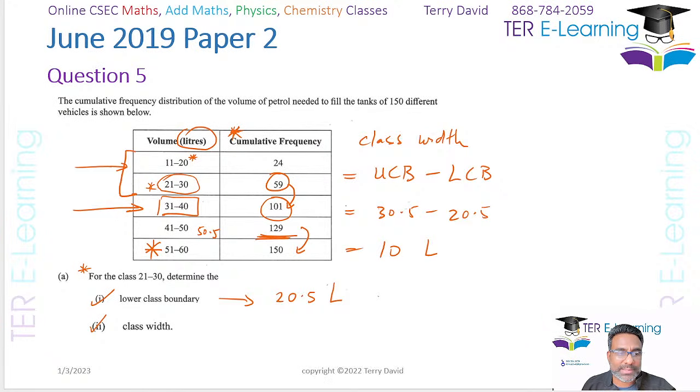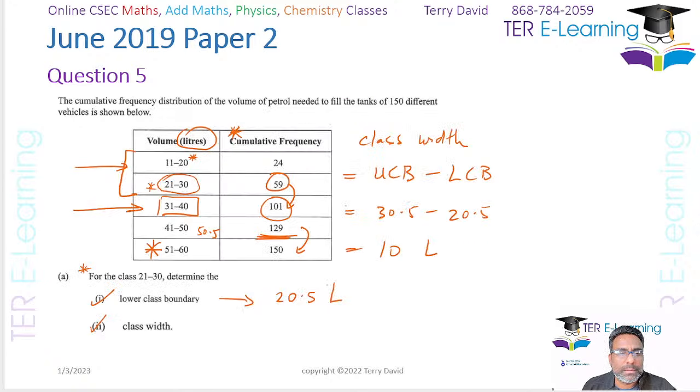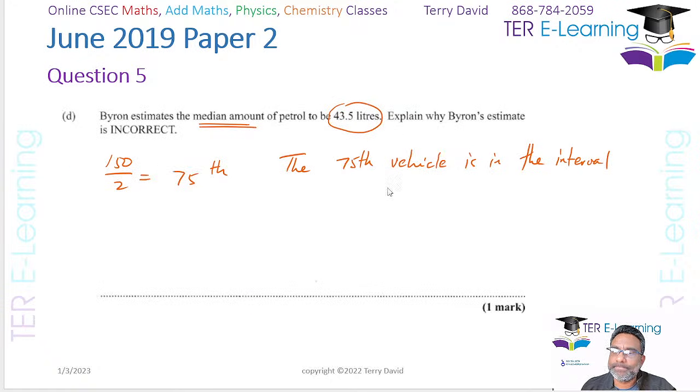So he's incorrect, right? So how you're explaining this, you're going to say the 75th vehicle is in the interval (31 to 40), right?